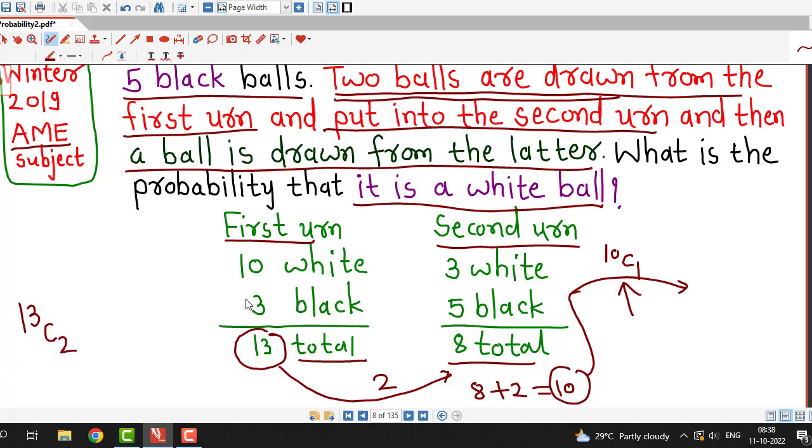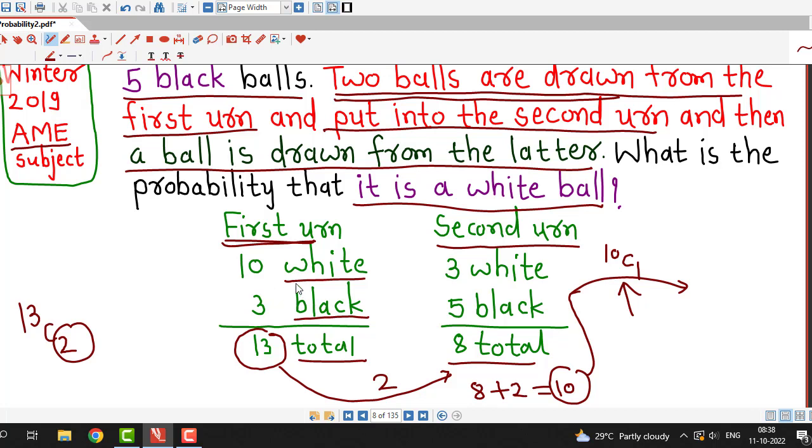Now there are different possibilities. The two balls selected from the first urn can both be white. Another possibility is that both balls drawn can be black.